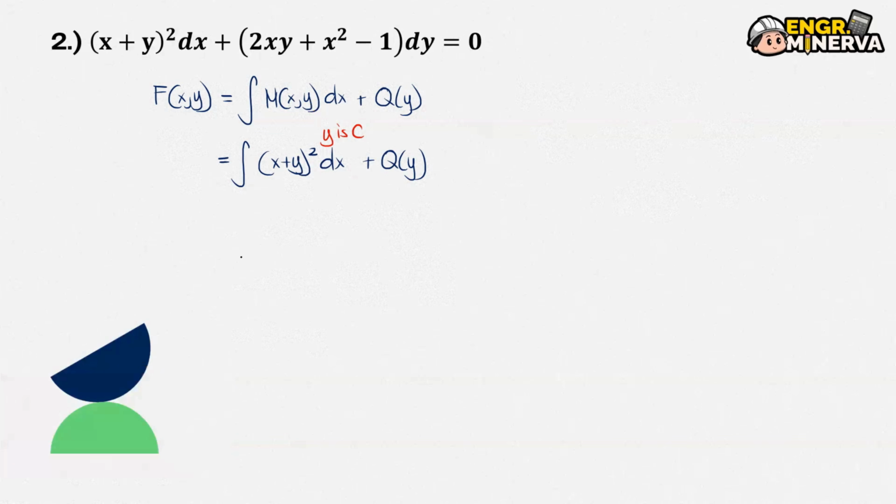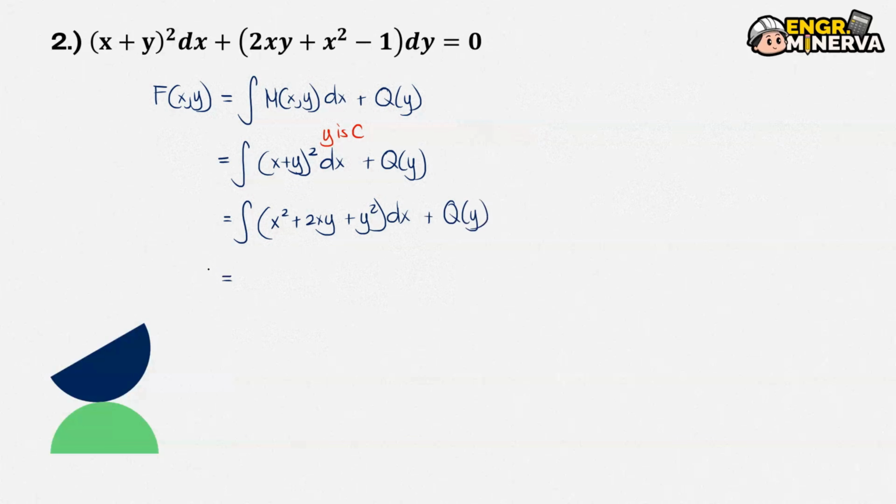To make this easier, we could distribute first the squared function. So that would be x squared plus 2xy plus y squared dx plus a function of y.